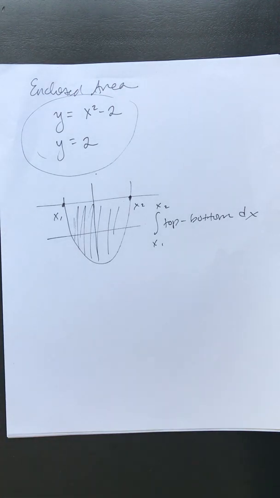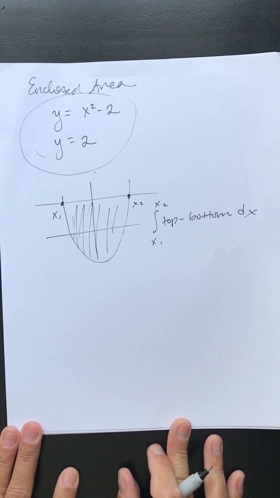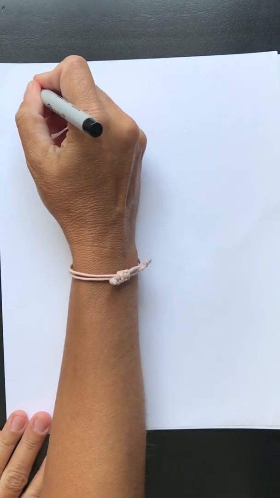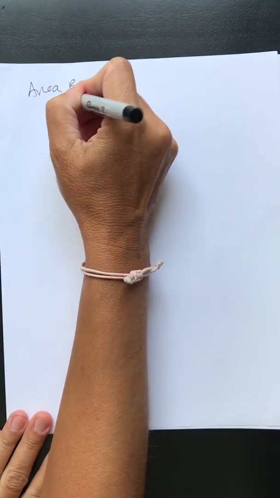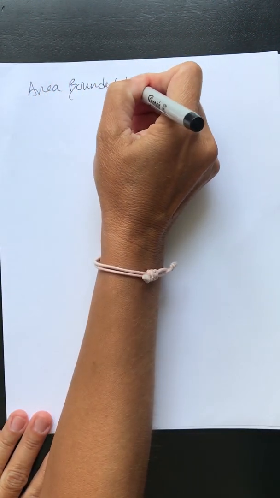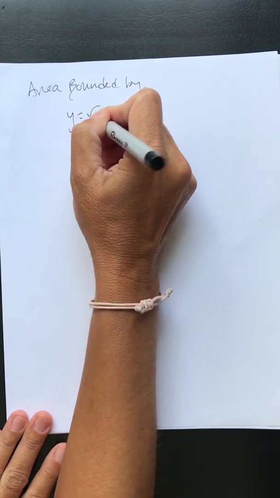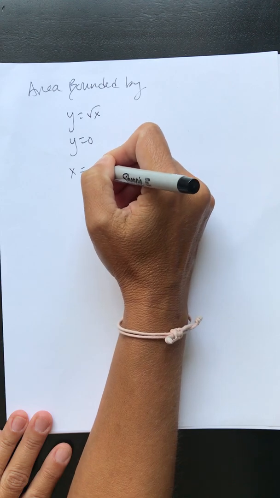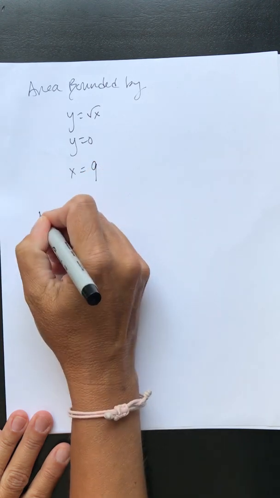For the last example that I want to talk about here, let's look at the area bounded by y equals rad x, y equals 0, x equals, let's do a nice round number, 9.